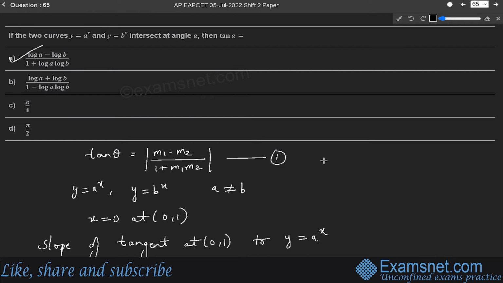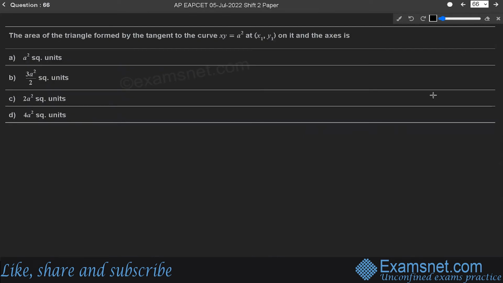I hope this question is clear to you. It requires a very simple concept, which is tan theta is equal to m1 minus m2 divided by 1 plus m1 into m2. If you know this concept, you can easily solve this question.